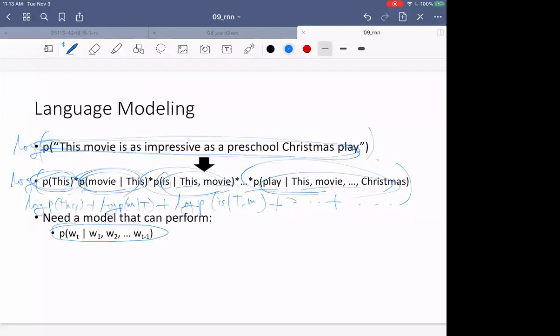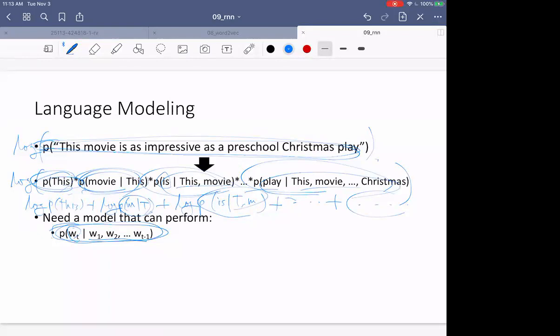If there's a model that can calculate this term, you can just plug these terms into the model, get the value, put the log in front of it, and sum them up. That's how you get the probability of a sentence or document or whatever text that you want.